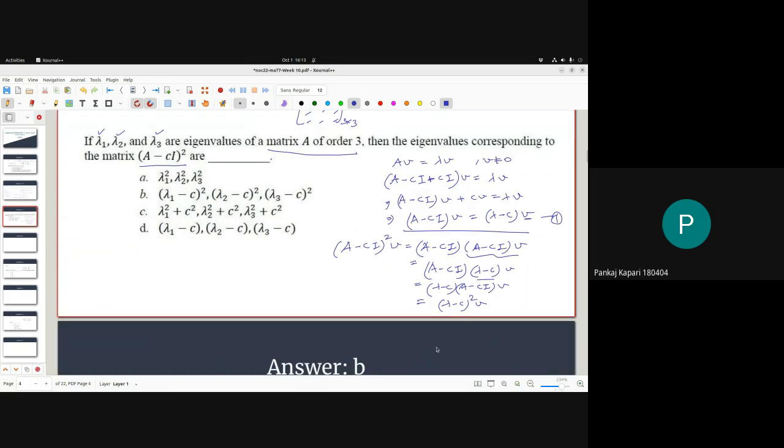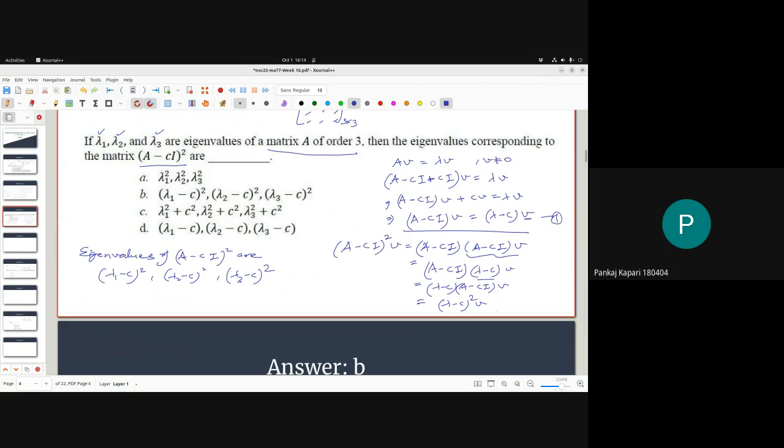So this shows that the eigenvalues of A minus Ci whole square are lambda 1 minus C whole square, lambda 2 minus C whole square, and lambda 3 minus C whole square.